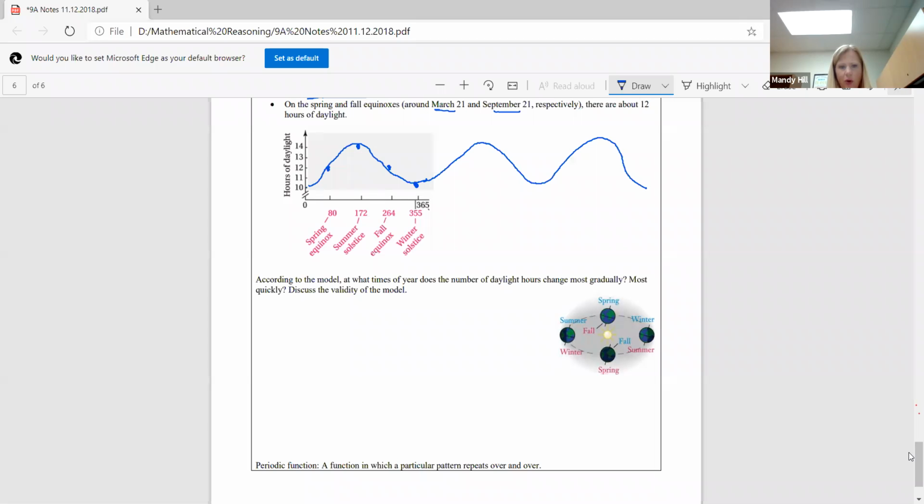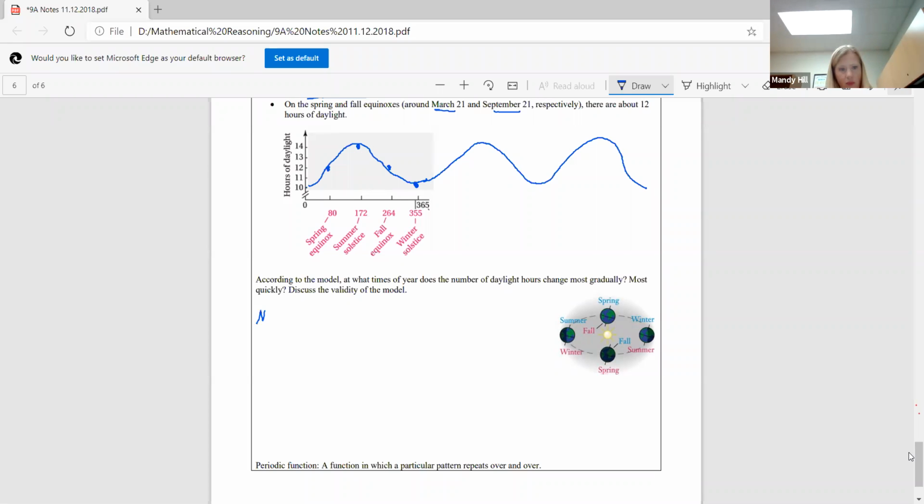According to the model, at what times of year does the number of daylight hours change most gradually? Because the curve is relatively flat around the two solstices, the number of hours of daylight varies most gradually near the solstices.